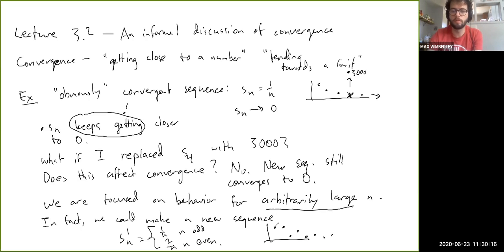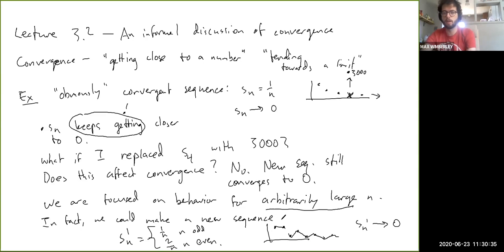Okay, so what it would be doing is oscillating a little bit, right? Sometimes it would go up and sometimes it would go down. Sometimes it would just alternate between going up and down. But both of these still end up tending towards zero. So this new sequence, Sn prime, still converges to zero.